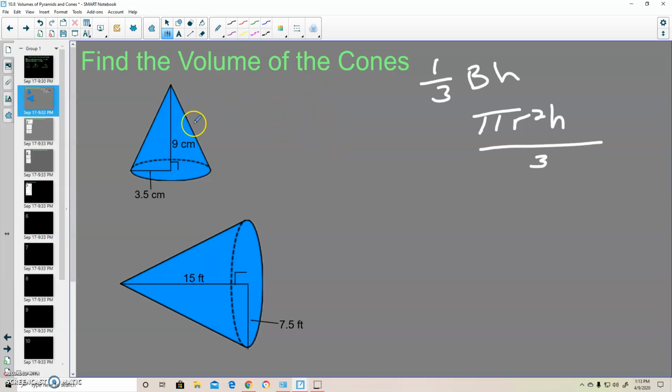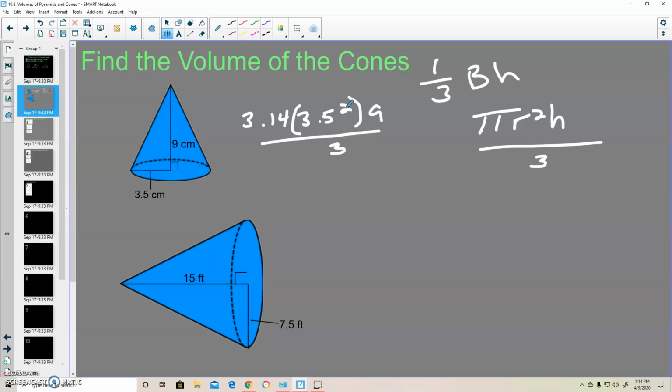So my first problem here, I've got pi, 3.14. I've got r squared, so it's 3.5 squared. And then I've got the height, let me put parentheses around that, which is 9, and I'm going to divide by 3.